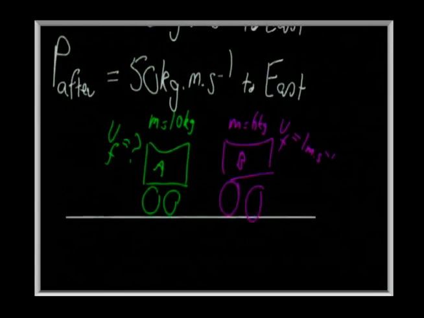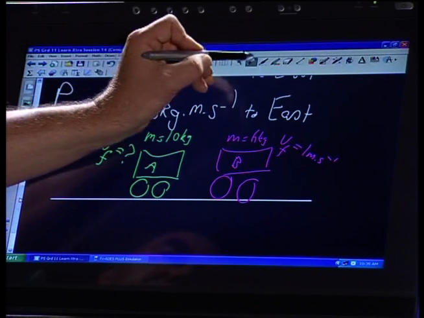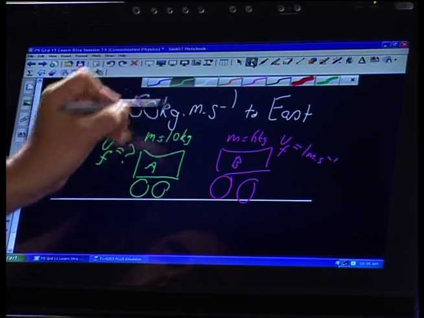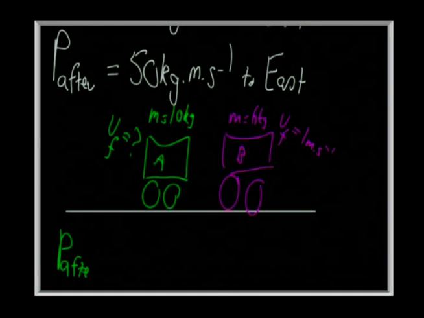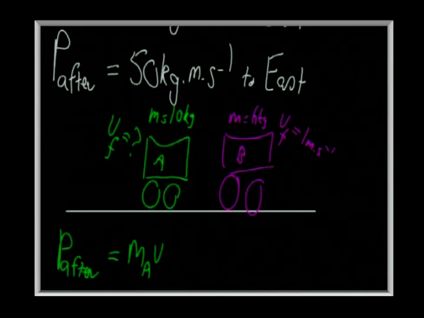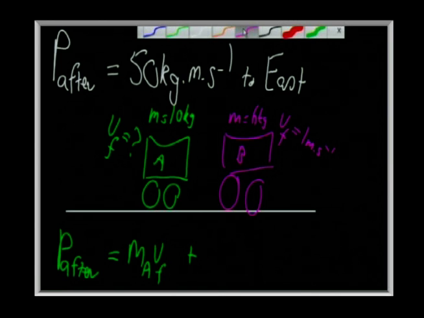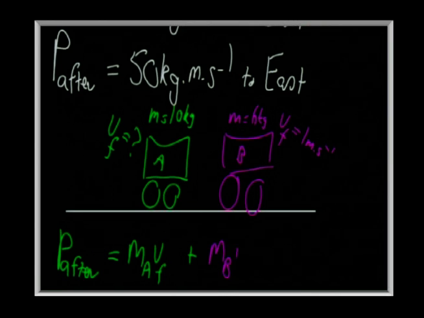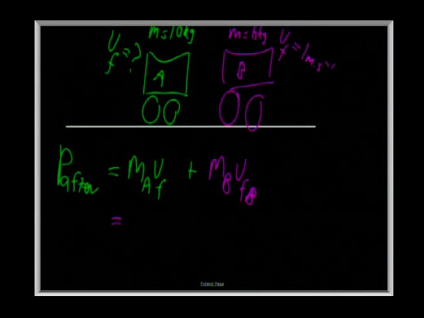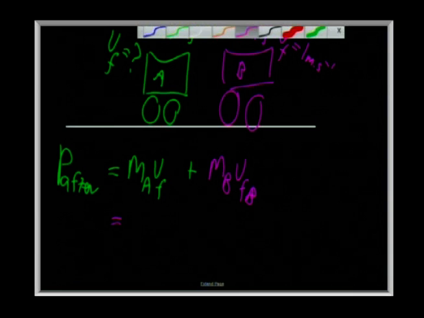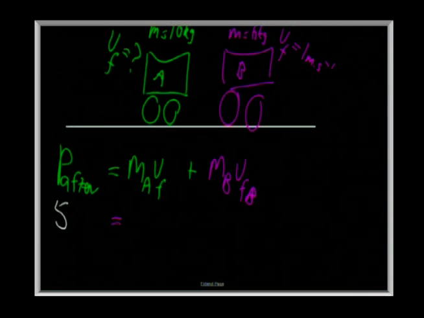So let's now work out what the velocity is. We're going to do that by using that value and an expression for the final momentum. We know that the momentum after is equal to the final momentum of A plus the momentum of B, mass of B times the final velocity of B. If we substitute our known values in now, we know that this one was 50.